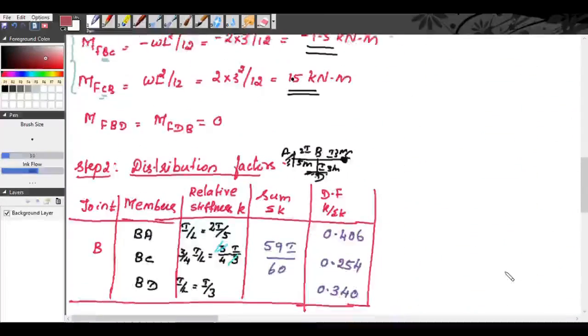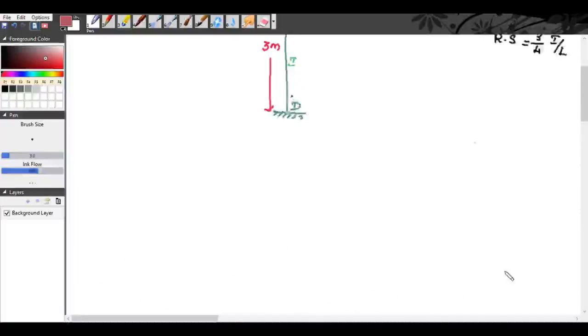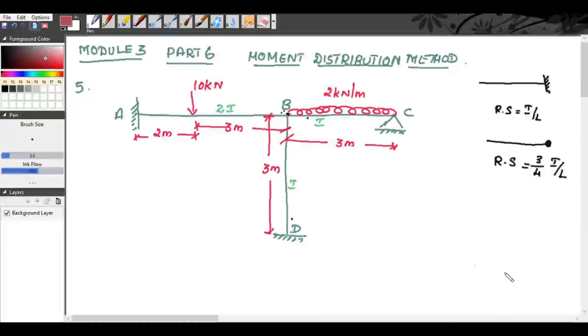Now, we will draw the bending moment diagram. Okay, so how will we draw the bending moment diagram?